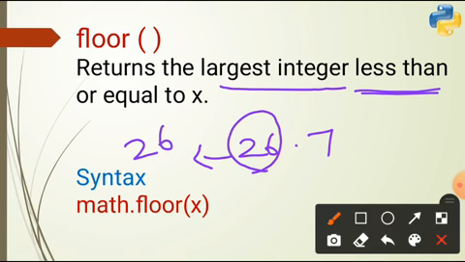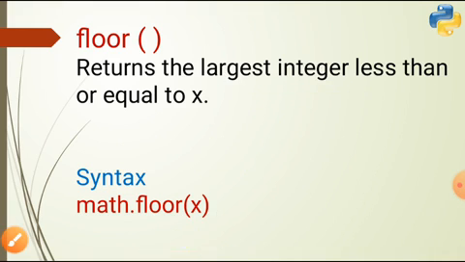There is a function called ceil, C-E-I-L, ceil. It returns the smallest integer greater than the value. So floor returns the largest, but it should be less than, and ceil returns the smallest, which should be greater than. These two functions we are going to see now.